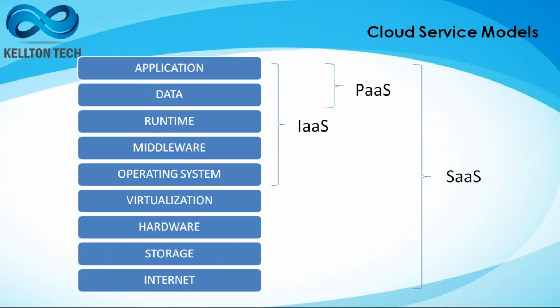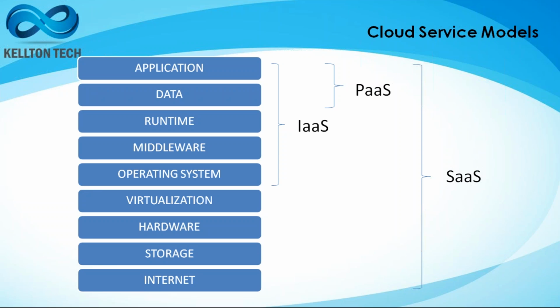Here we see cloud service models. I have listed out the stack, which starts from the lower layers, which in your organization has internet, storage, hardware, virtualization, operating system, middleware, runtime, data, and application. To understand, a business is only responsible for the top 5 layers if they are using infrastructure as a service.